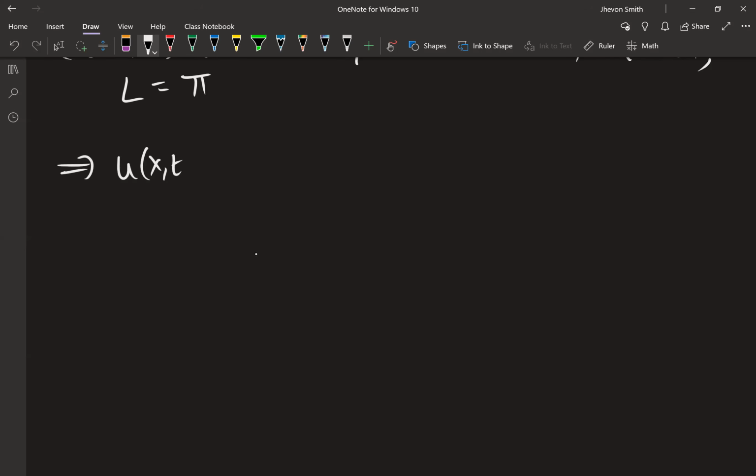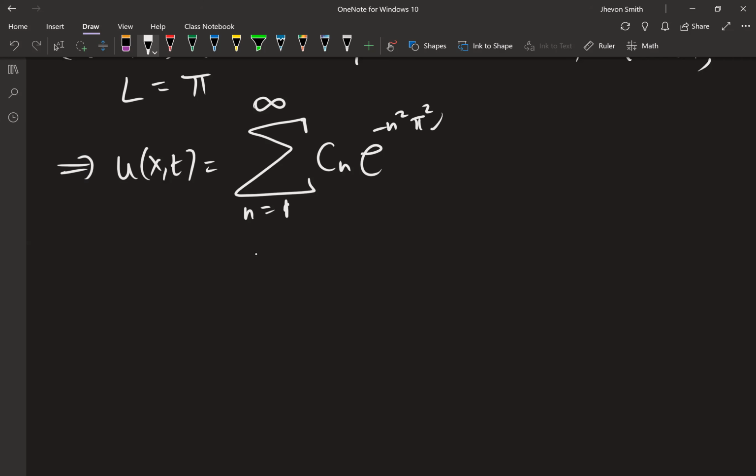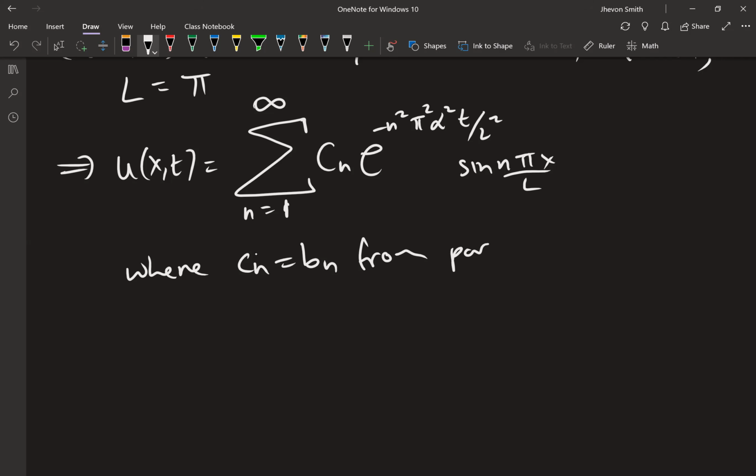u of x,t equals the series Cn e to the minus n squared pi squared alpha squared t over L squared times sine of n pi x over L, where Cn equals Bn from part A. L equals pi, alpha squared equals 64.